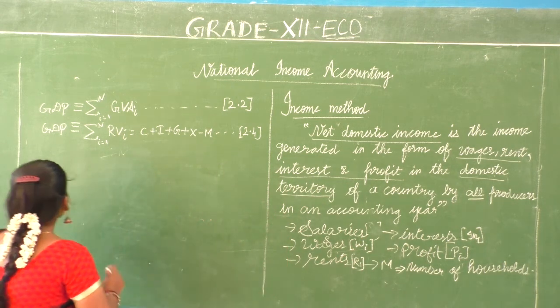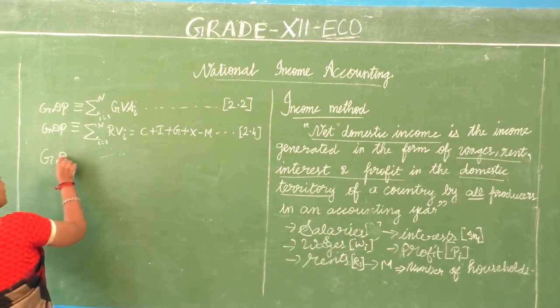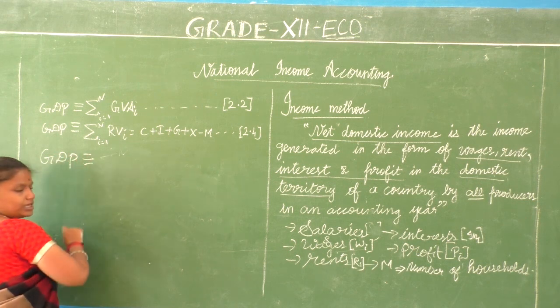So how are we going to calculate it? GDP identity.